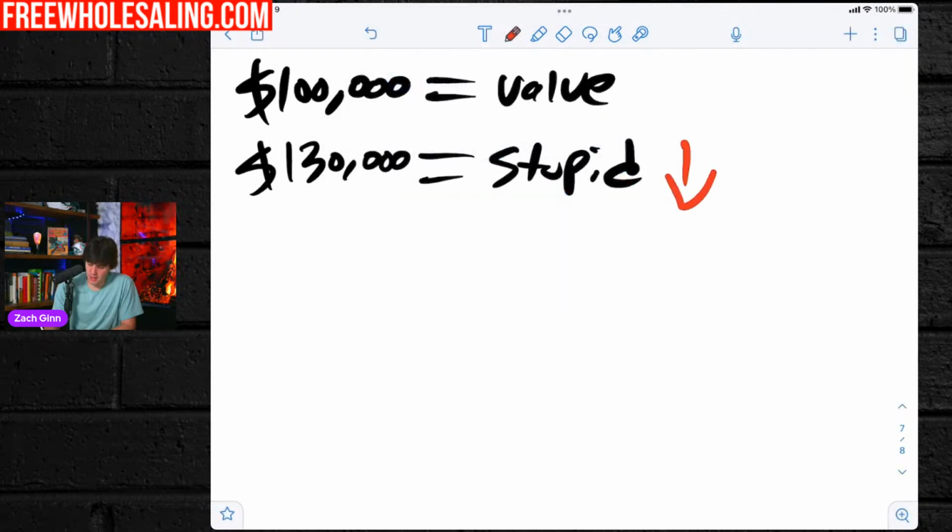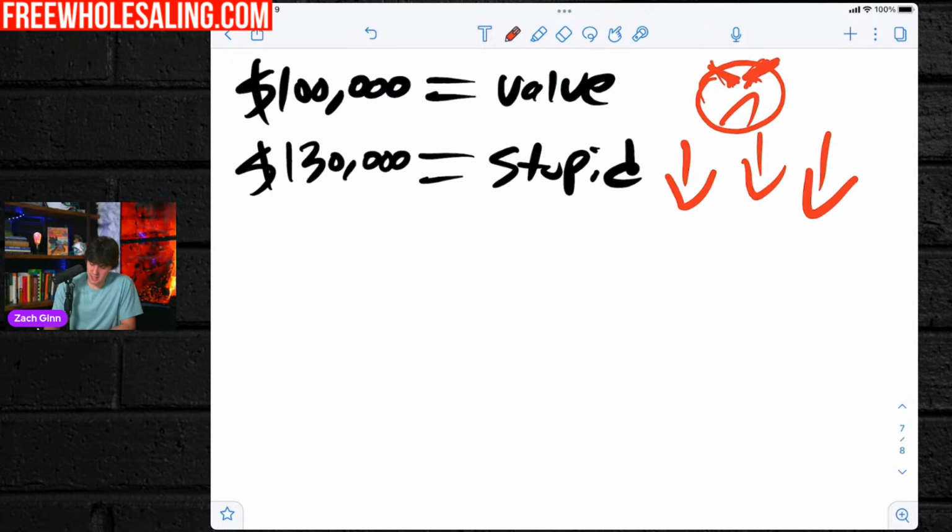That is bad. That makes me angry as a wholesaler. That gets me very upset as a wholesaler. I see someone wanting to sell for 130K. That is a stupid price. Cash buyers want to buy this thing for 80, 70. How am I going to make money at 130? It won't be on the MLS for 100. What in the world am I going to do here?